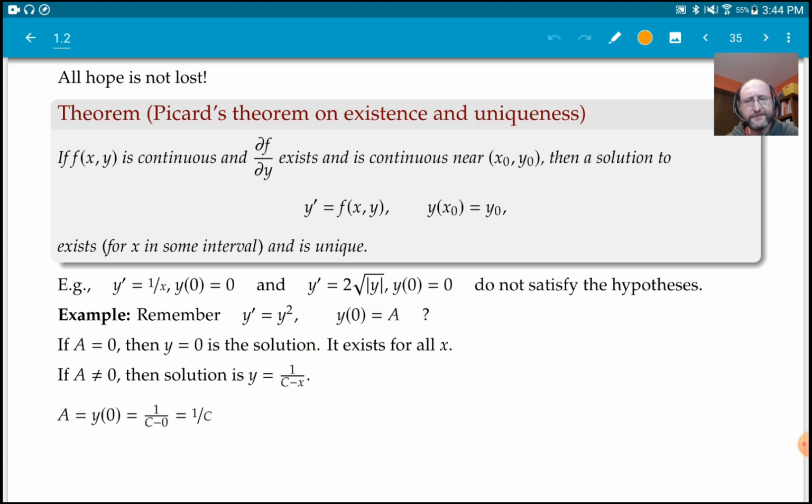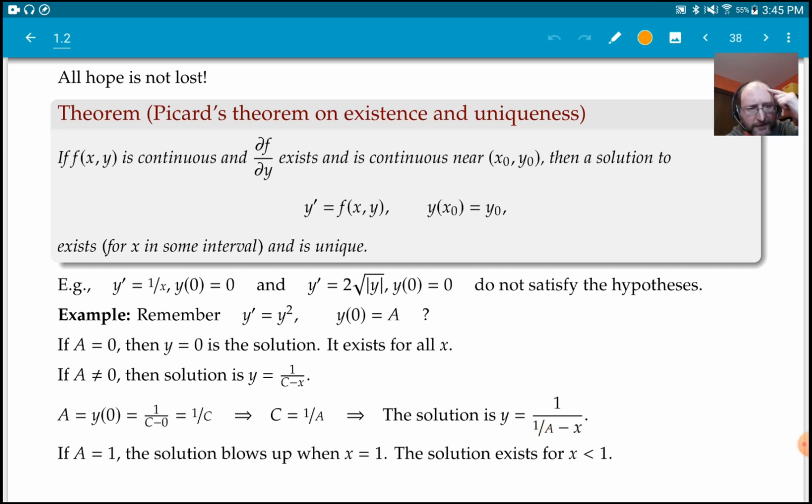So if y at 0 is supposed to be a, then 1 over c minus 0 is a, so 1 over c is a, so c is 1 over a.